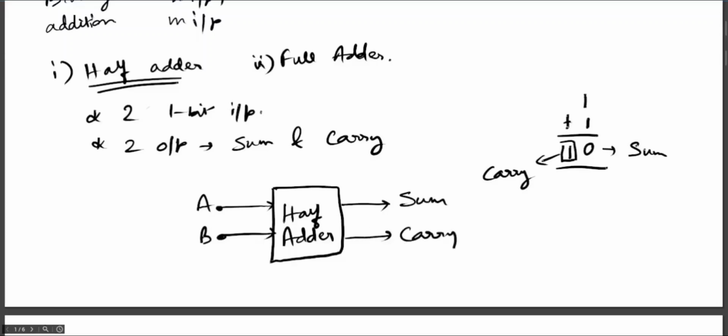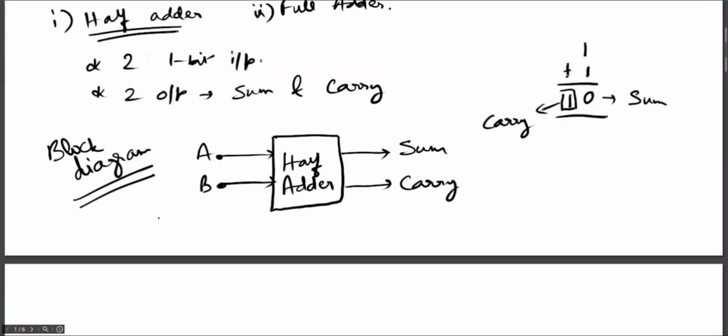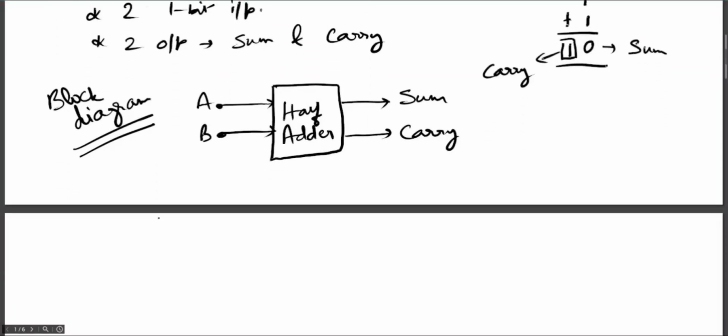Whenever you are working with any circuit in digital electronics, the first step is to build this block diagram. The block diagram represents the overall functioning of the circuit. Given two 1-bit inputs, it results in two outputs, sum and carry.